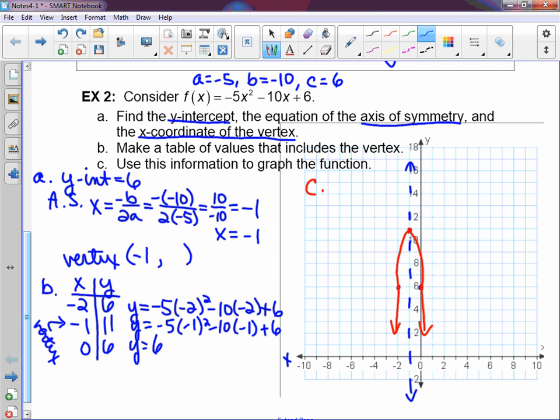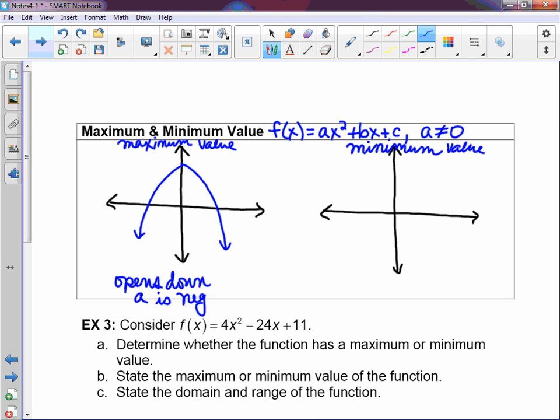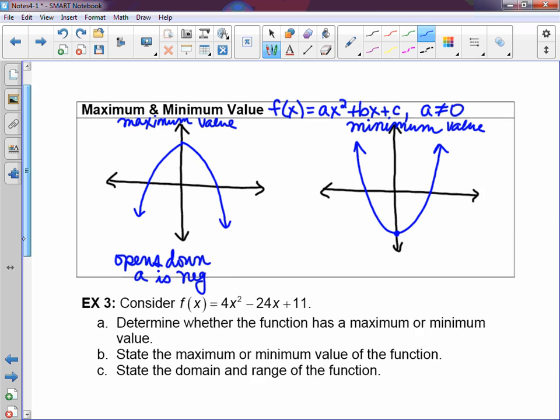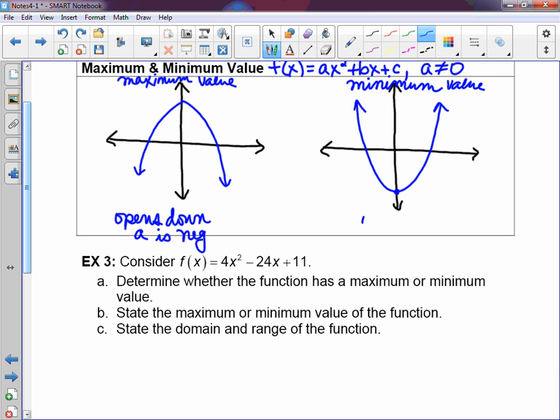No, it's just the way that it opens. So if it's positive, your graph will look something like this, and it will have a minimum point. It will open up. So it opens up. And A is positive. Don't make it harder than what it is.